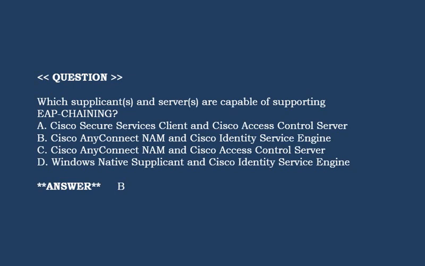Option B, Cisco AnyConnect NAM and Cisco Identity Services Engine. Option C, Cisco AnyConnect NAM and Cisco Access Control Server. Option D, Windows native supplicant and Cisco Identity Services Engine. Correct answer is option B.